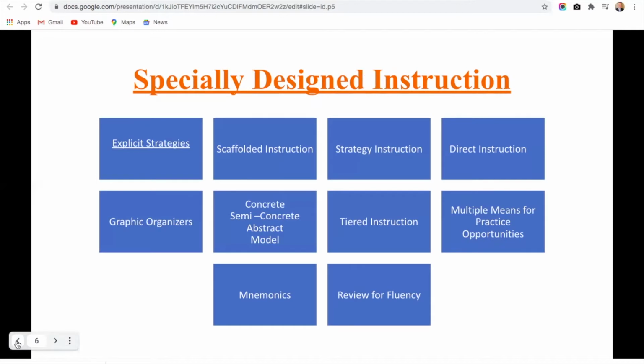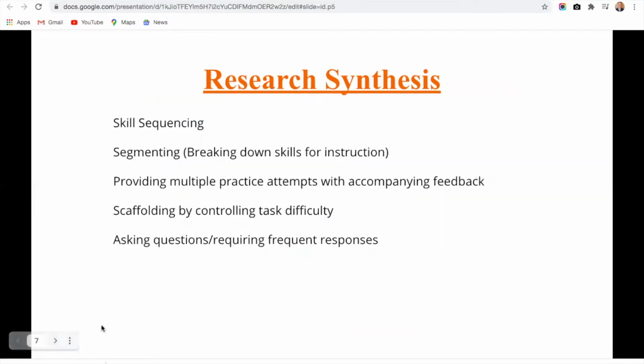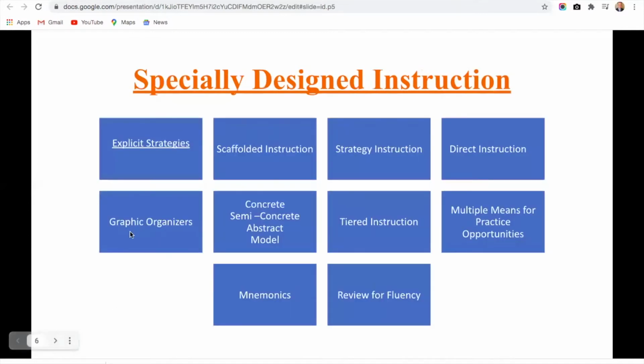So as we thought about the research and what the research says about special design instruction, we realized that there were some commonalities between all of these, some things that we know work, some threads through all of these types of strategies that are going to be present in every strategy.